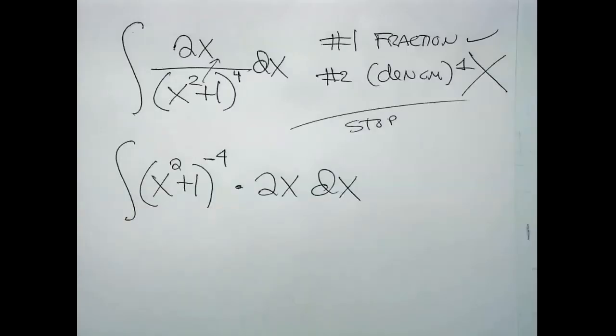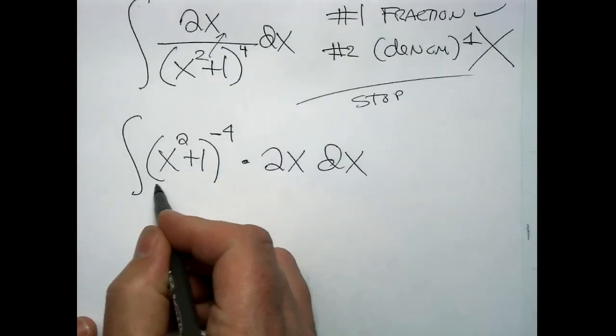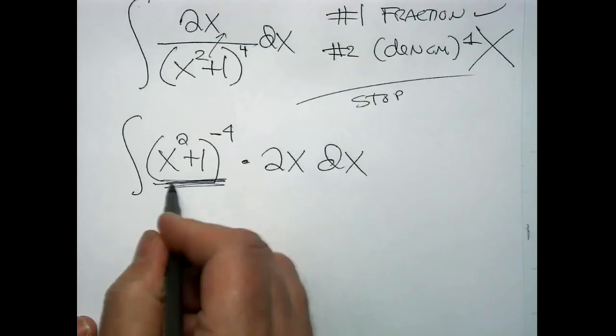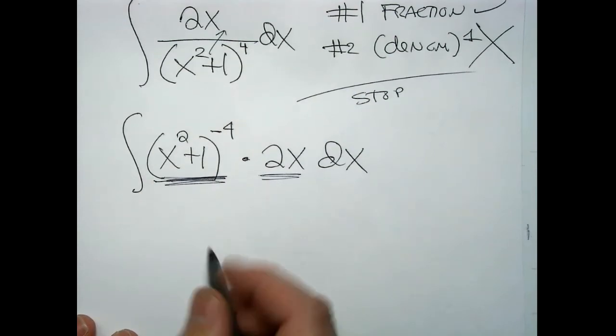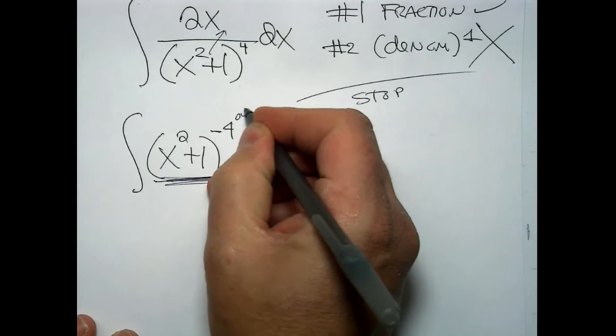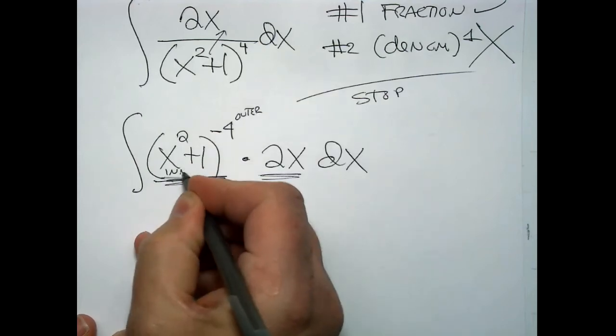Now, you can do this problem one of two ways. You could do U substitution if you want, or you can do the key method. They both work just fine. Let's do both. Now, what I see here is the more complicated function, the less complicated function. So this would be your outer function, this would be your inner.